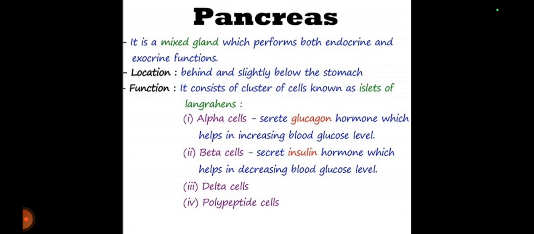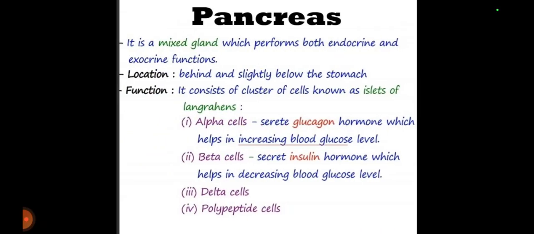The alpha cells release a hormone called glucagon. The function of glucagon is that it increases the glucose level in our blood. The second is the beta cell.